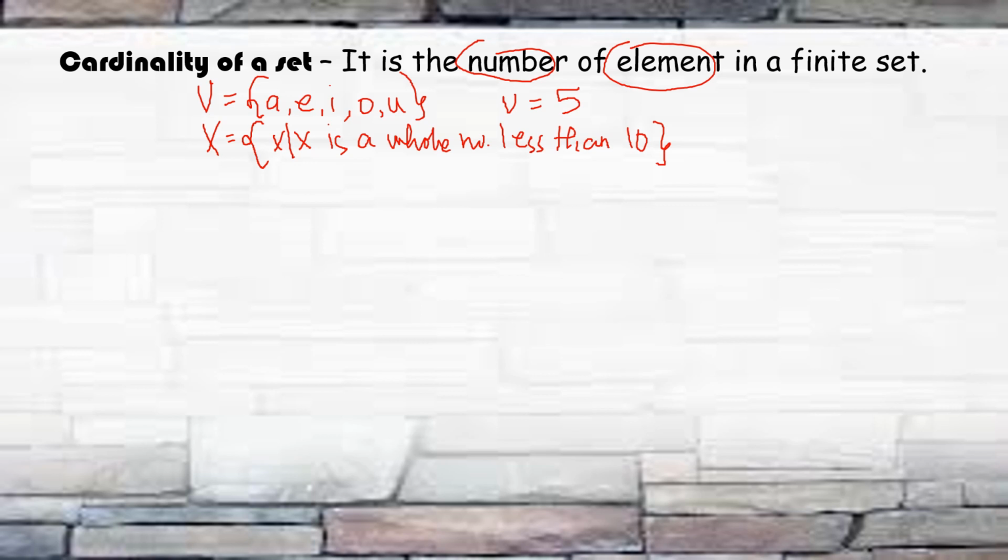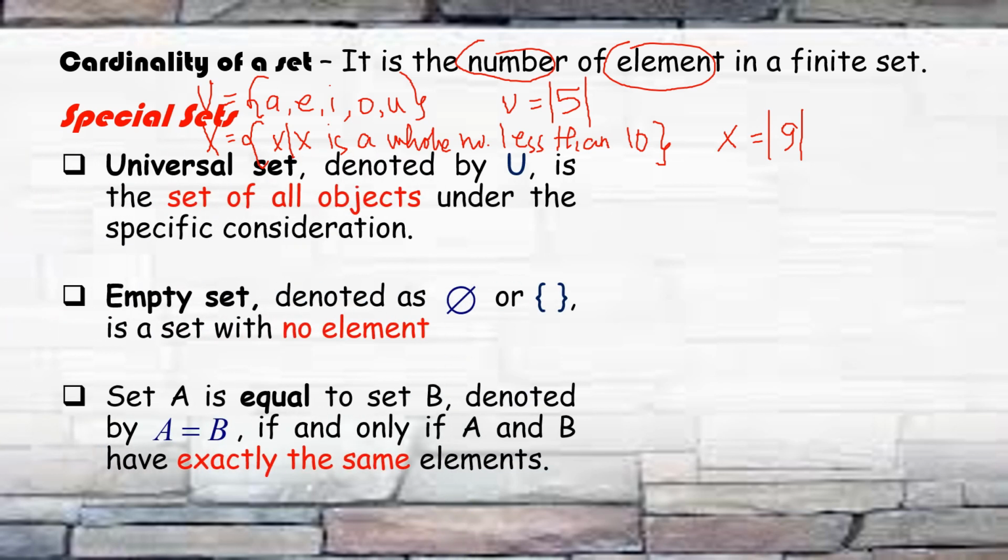So, if we have numbers from 1 to 9, therefore, the cardinality of set x is 9. We need to include parang absolute value, ganyan, for us to symbolize that this is a cardinality of a set. So, kailangan nyo mag-include ng absolute value. Next, we have what we call special set.